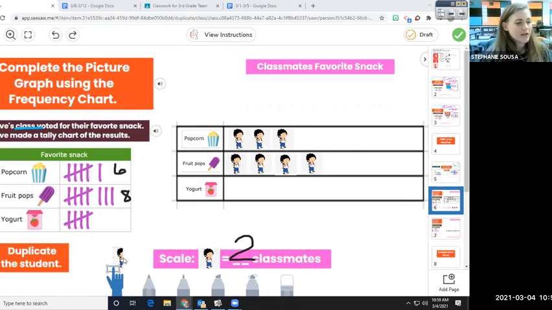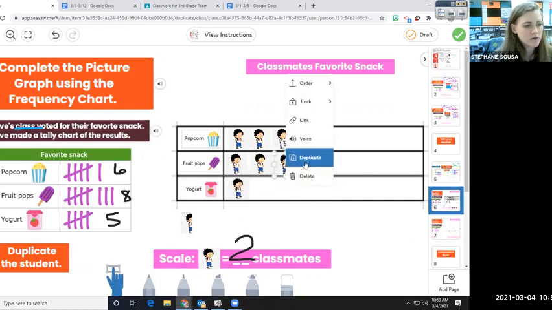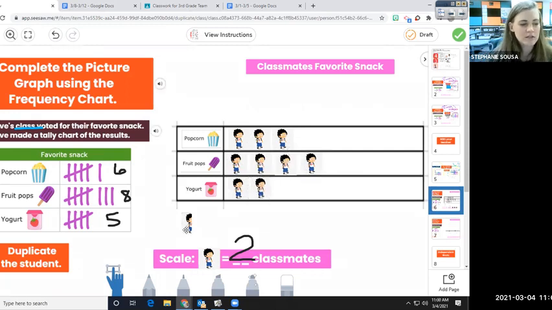Okay, here we go. Now we have half of a student because this time we have yogurt and this is equal to 5. That's an odd number. So we are going to have to duplicate our dude for 2, 4. I can't add a whole other student because that would be 6 and that's too many.